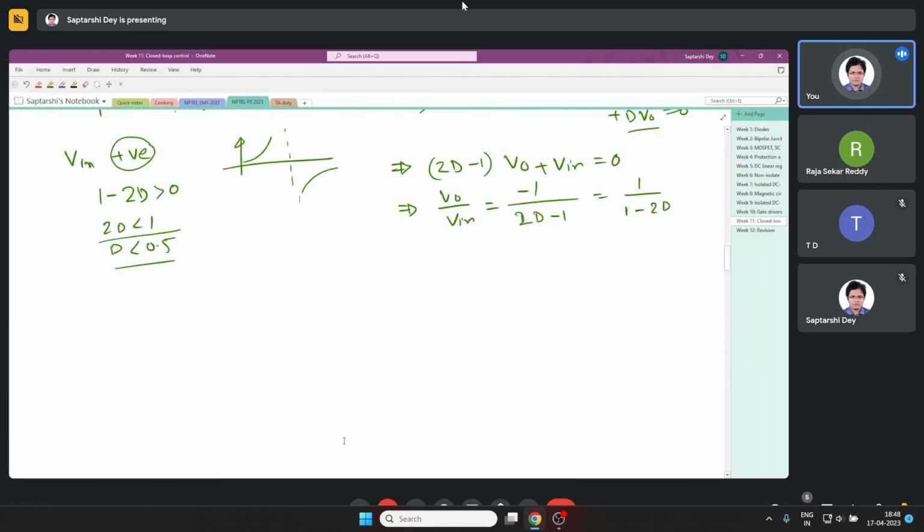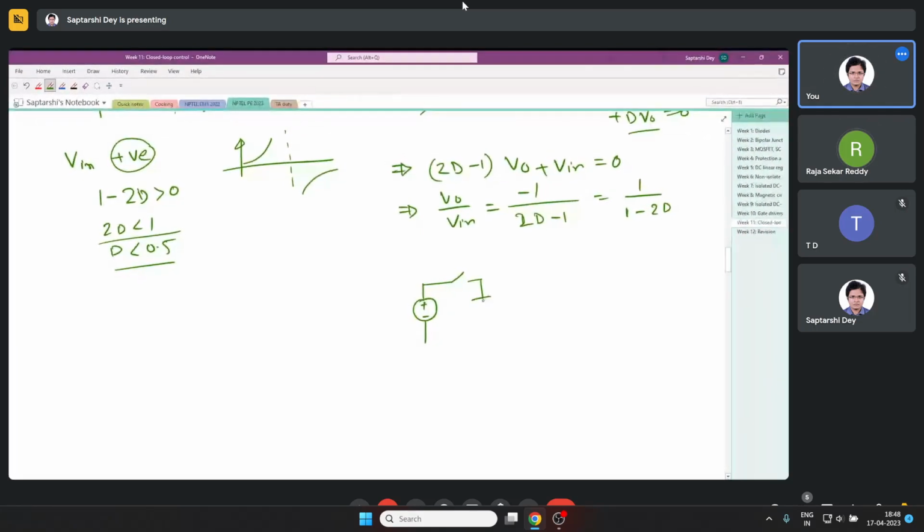In a buck converter, when you are studying it for the very first time, we draw many things. Say this is the buck converter.